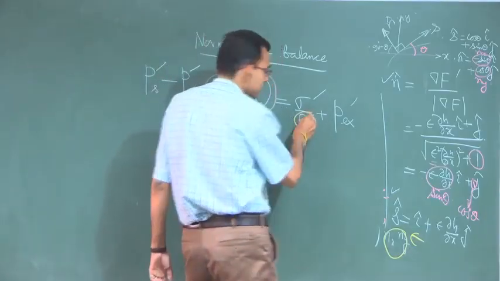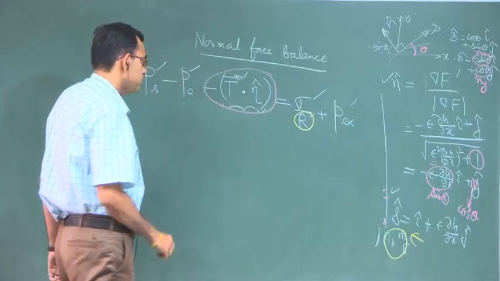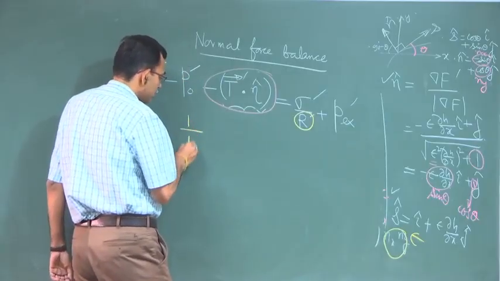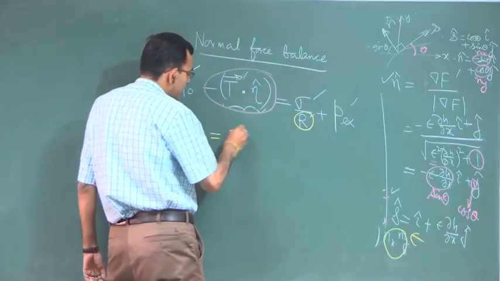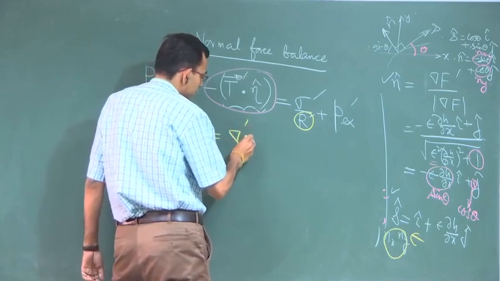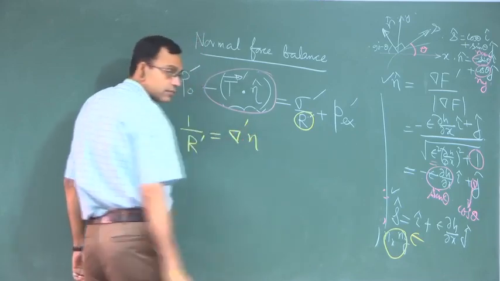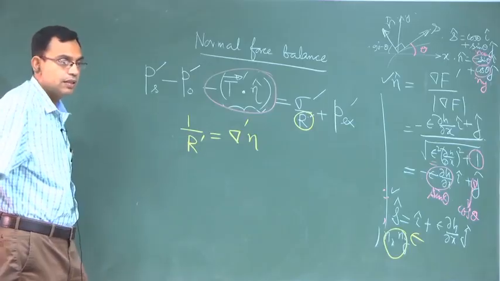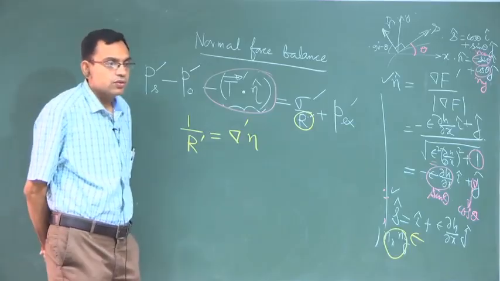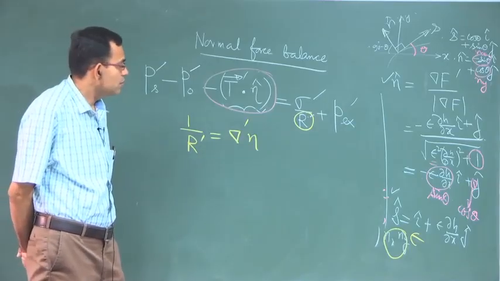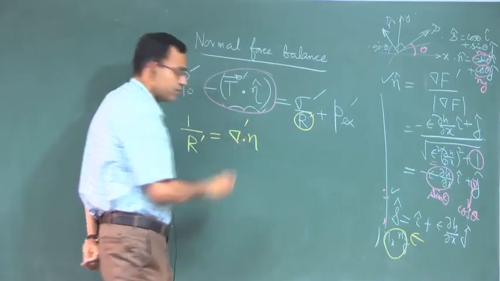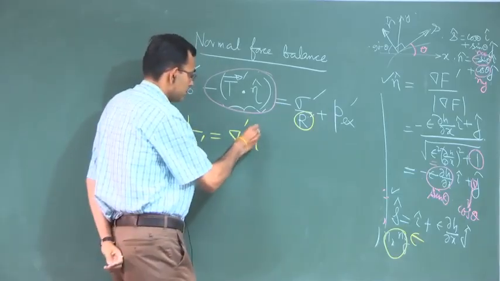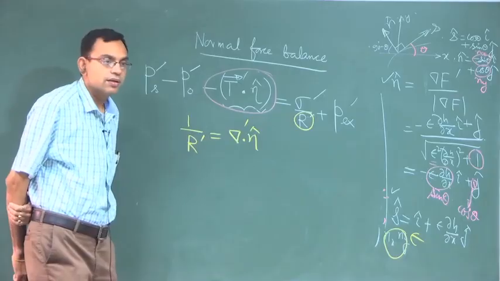The only thing that we need to calculate before proceeding further is 1 by r. So, from coordinate geometry 1 by r is nothing but this one, right. Yes, dot of course. Okay.